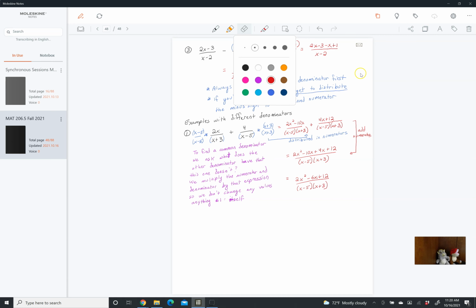I'm going to put this in. I'm rewriting exactly the same thing. I'm just doing it in blue, just so that you see that my annotations are in a different color.